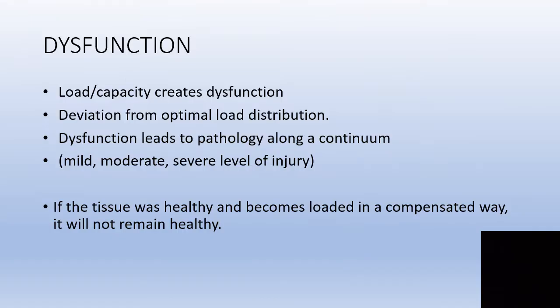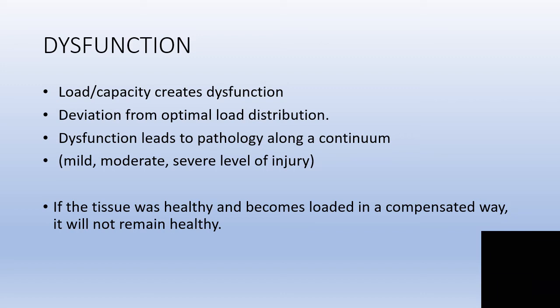And we're going to talk about some of the things that cause dysfunction in the body. The human structure's ability to handle load, its capacity to handle load, is what creates its ability to function or leads to dysfunction.